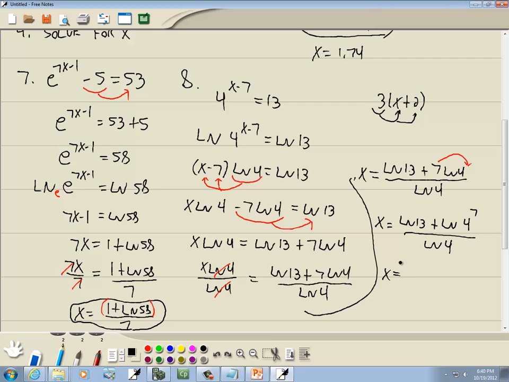Now we have another property that says if you have log of something plus log of something, you can rewrite addition as multiplication. So this becomes natural log of 13 times 4 to the 7th over natural log of 4. I'm not going to actually multiply that together, but once you did, that's as simplified as you get versus just plugging it into your calculator and getting a decimal.